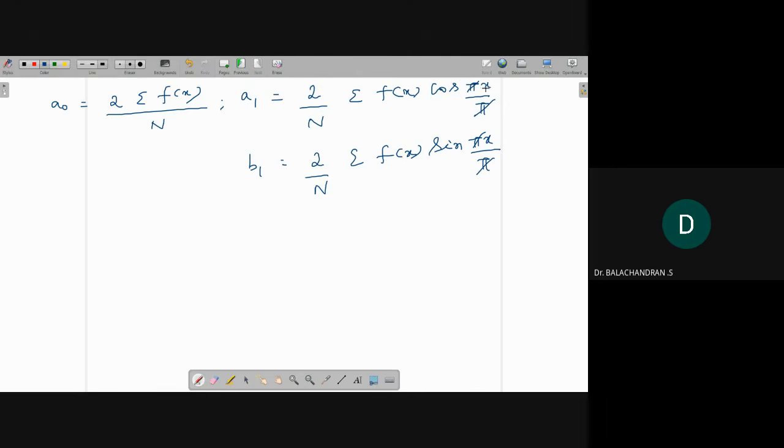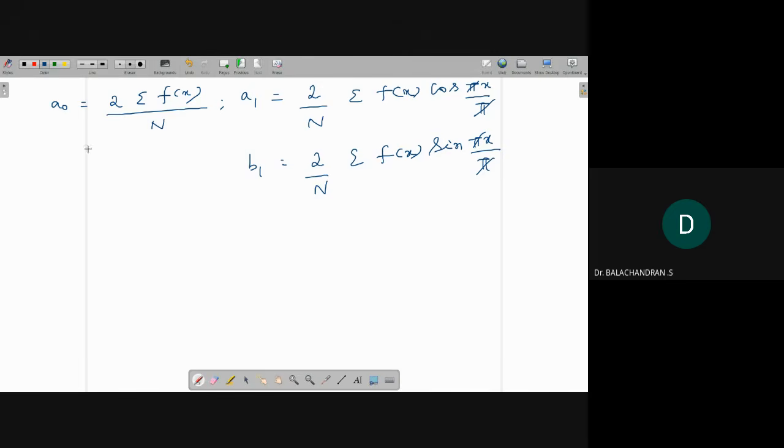So first I will find cos x separately and f of x separately, and then I will multiply f of x into cos x. Similarly, I need to find summation f of x into sin x. So here also I'm going to calculate sin x separately. Already you have a separate column for f of x, and then multiply f of x into sin x.